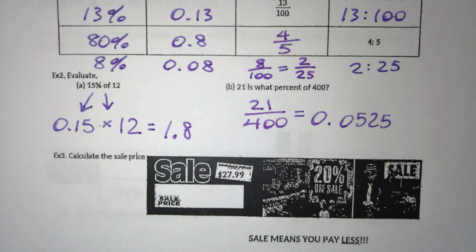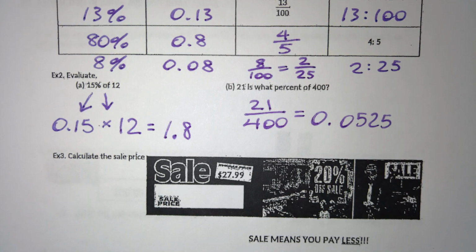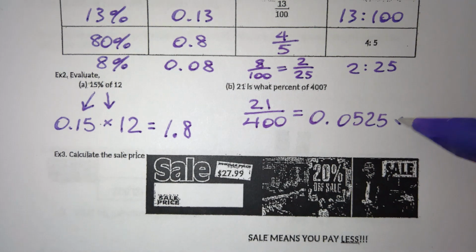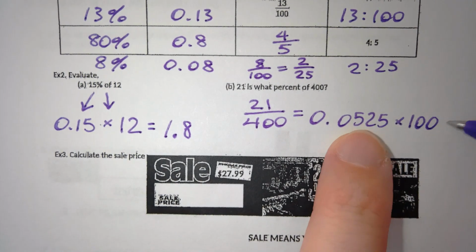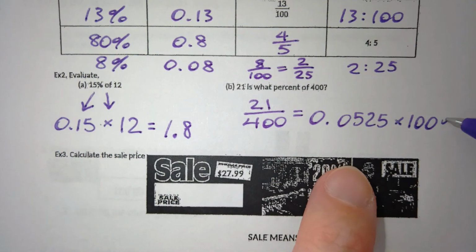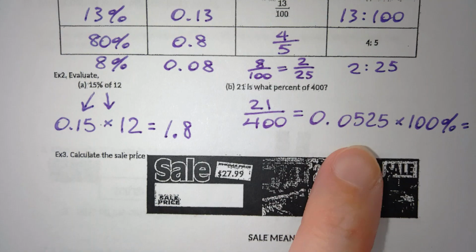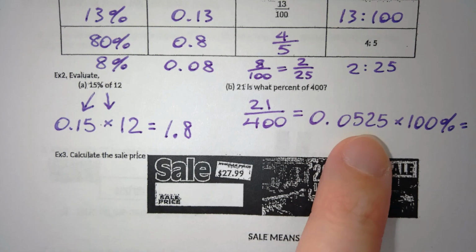Okay, is that my answer? No. Carson? You turn it into a percent. Right. Okay, because this is a decimal. I want percent. So I have to times it by 100. So it's 5.25%.